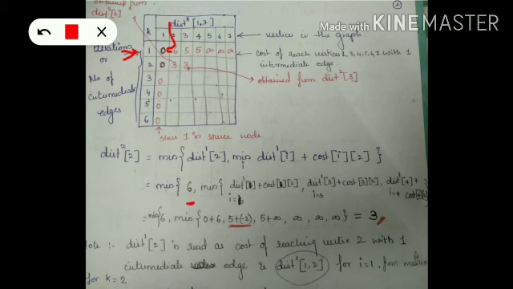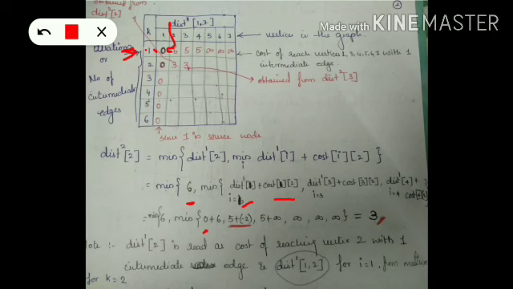And minimum of dist raised to 1, initially i's value is 1. So dist of first iteration reaching 1 is 0 plus cost of i, comma 2, that is cost of 1, comma 2. I'll get it from the graph itself. Cost of reaching from 1 to 2 here is 6.